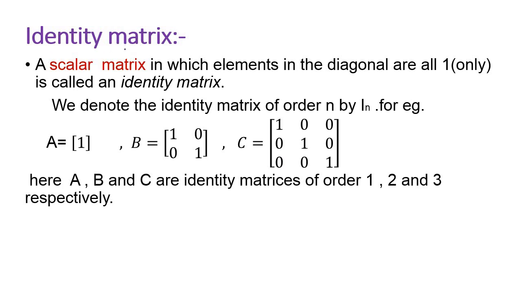Identity matrix is also a diagonal matrix, you can say that, or a scalar matrix, you can say that. Here the diagonal elements should be 1. This is very important. The diagonal elements should be only 1, not any other element. Then in that case, that scalar matrix or diagonal matrix is called an identity matrix.